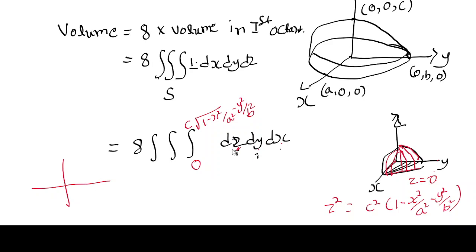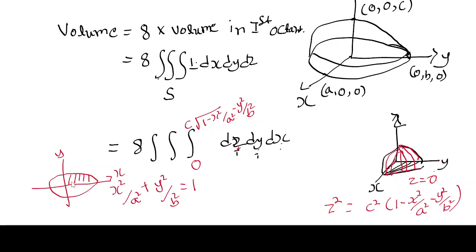Now, if I take the projection of this object onto the xy plane, I'll take a projection of the complete ellipsoid. We will get an ellipse with the equation x square by a square plus y square by b square is equal to 1. But we want only the first octant, which becomes the first quadrant, that is x here, y here.